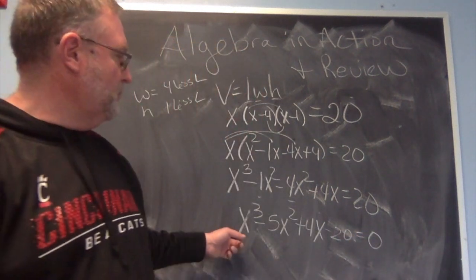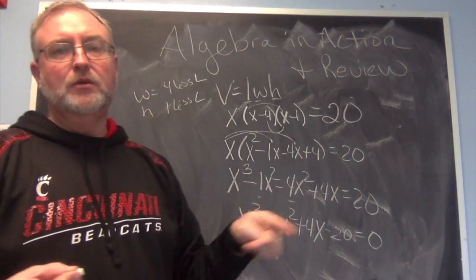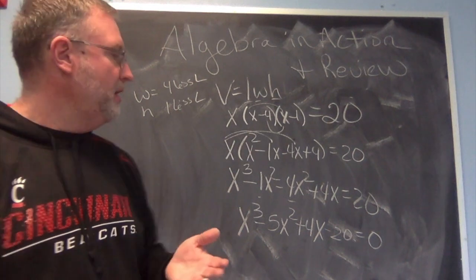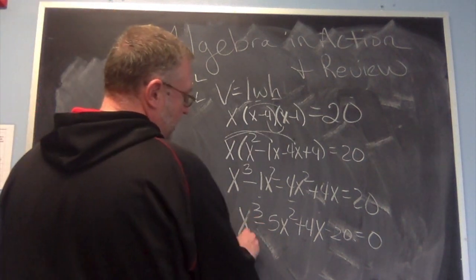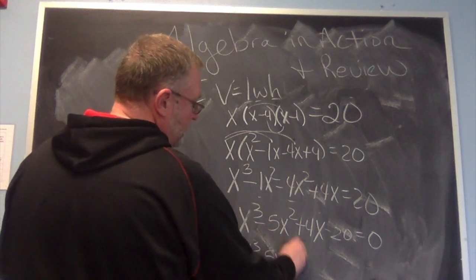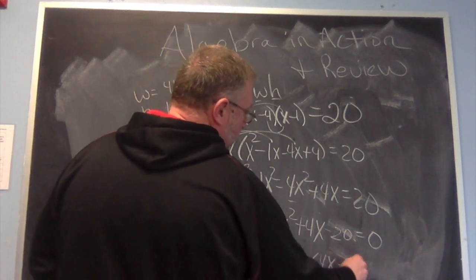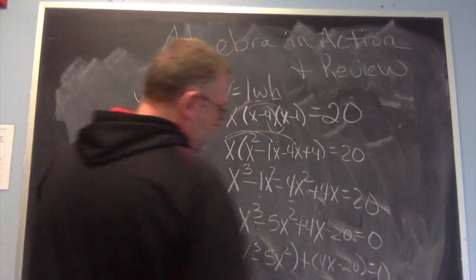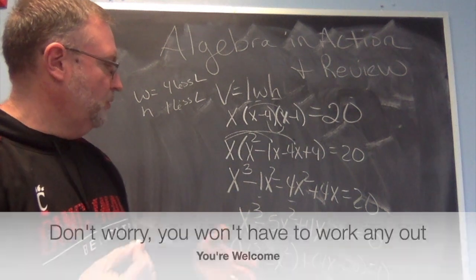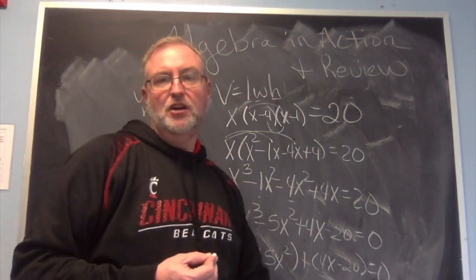Now I have the 4 terms equals 0, which we know we can do by factoring by grouping. So I have x cubed minus 5x squared plus 4x minus 20. Now I have my two binomials, and again, I'm going to need to solve this. I'm going to jump up here because I'm at a chalkboard.